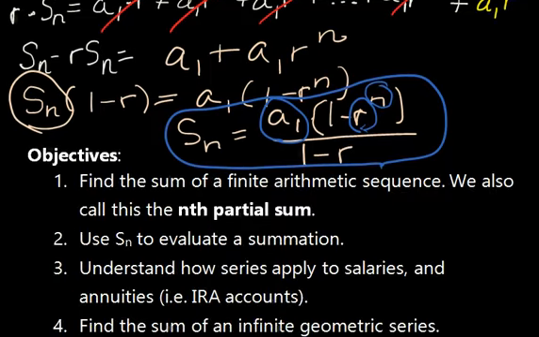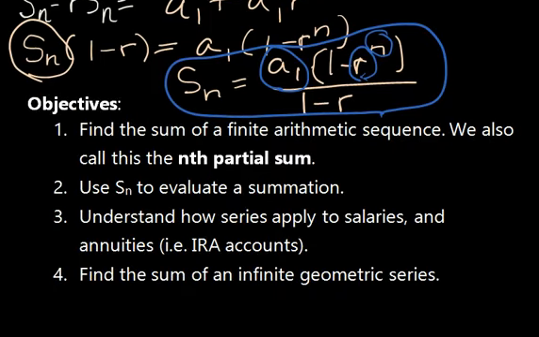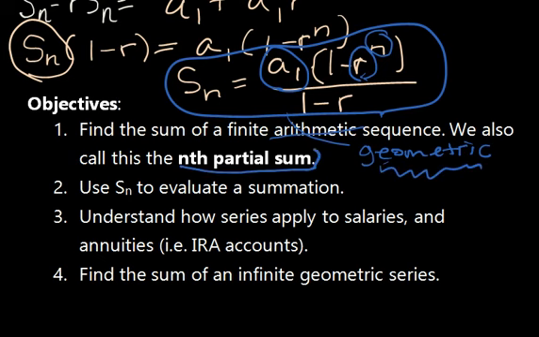For the remaining part of these videos, we are going to find the sum of a finite geometric sequence. We also call this the nth partial sum. Most geometric sequences and series that we deal with will be infinite, so we are capping the summation at a value, which makes it an nth partial sum.